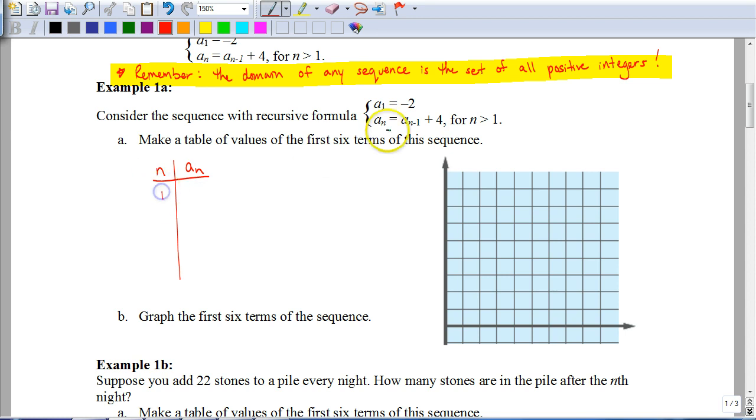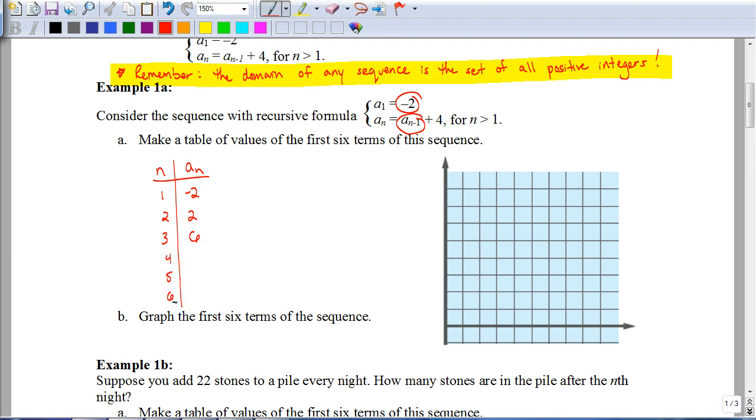The first term in our sequence we get from right here, it's -2. To find the next term, we take the previous term and add 4. So the second term is -2 plus 4, which gives me 2. To find the third term, I take the previous term, which is 2, and add 4 to it, so it's 6.